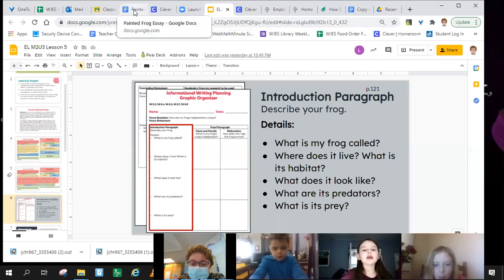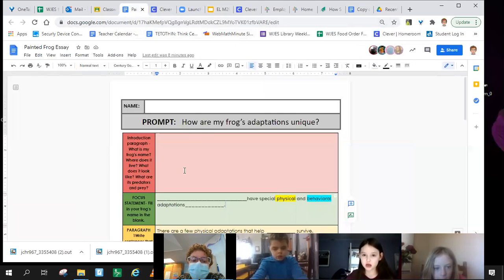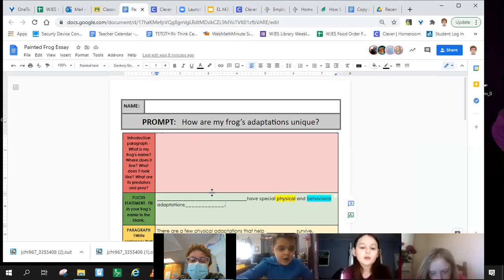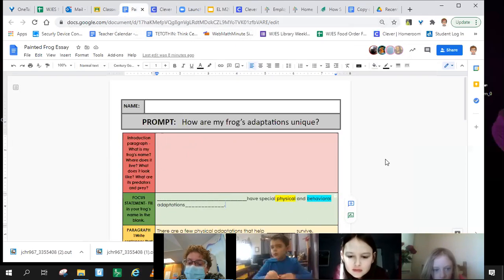There's no conclusion yet. Okay? Right now, you're just doing the red section and the green section. Don't go down to yellow or blue because we haven't started those yet. Just red and green. Don't do the conclusion yet.